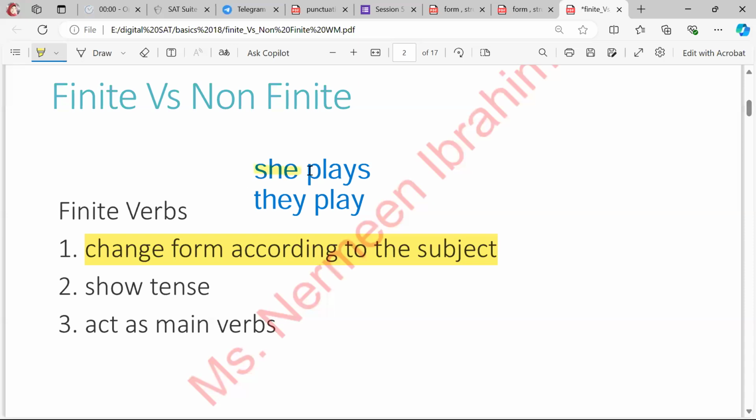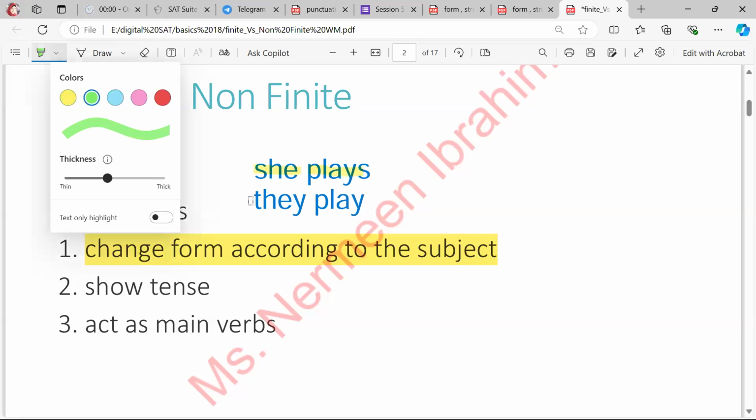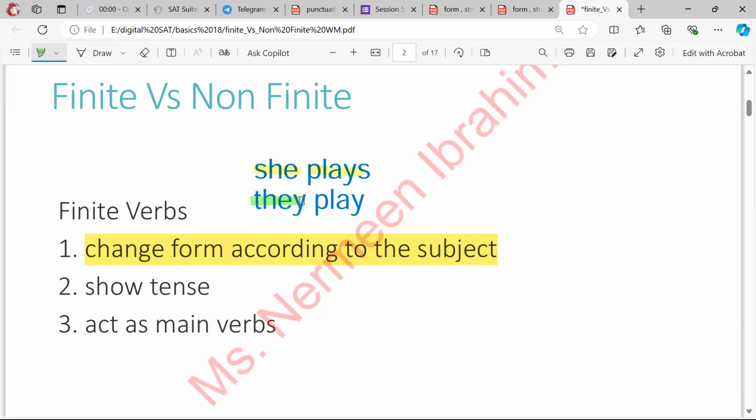So the verb is plays. They. What is the subject here? They. So I changed the subject, so accordingly, the verb also changed. So when you find that the verb changes according to the subject, this means that this verb is finite.